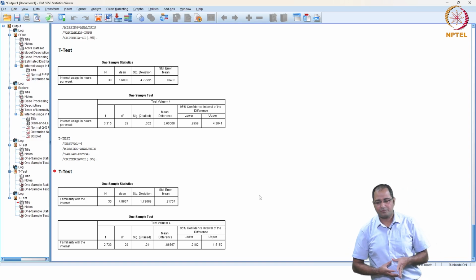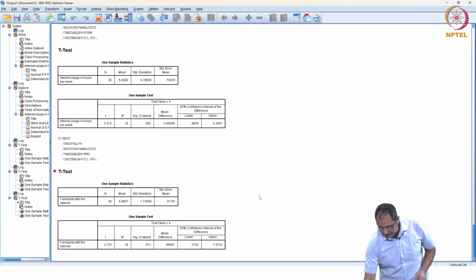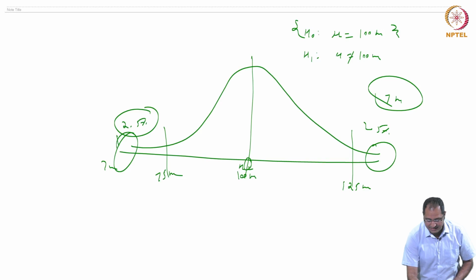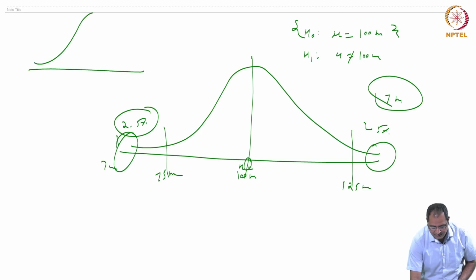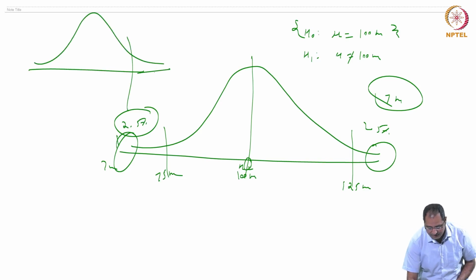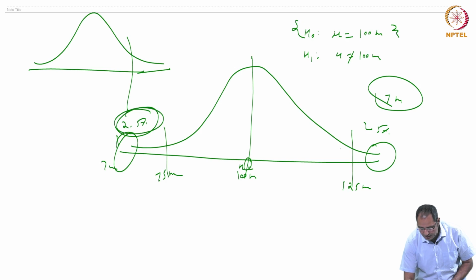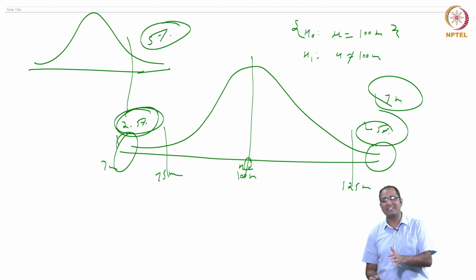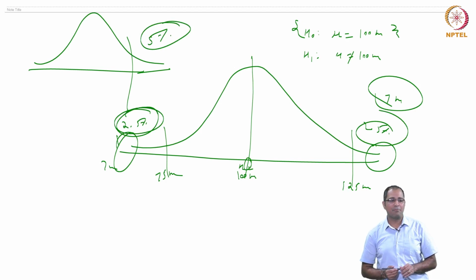What is the utility of the one-sided p here? This is two-sided. When a directional hypothesis is there, we only look at one side. Earlier it was 2.5% here and 2.5% here. Now in a directional hypothesis we look at 5% on whichever side the hypothesis is made.